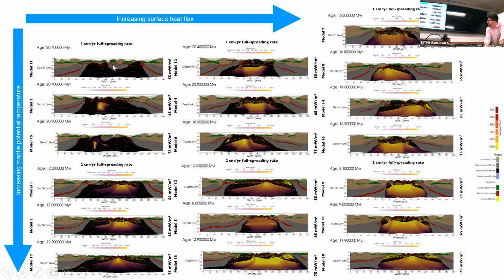So you can actually see the increase in magmatism with temperature and spreading rate. You can see the decrease in complexity and the increase in asymmetry. You can also see the change in lithosphere thickness. It's thicker at 1 centimeter per year versus 2 centimeters per year. So there's all sorts of interesting stuff to untangle here about how heat flux, temperature, and extension rate all control the structure of these rifted margins.